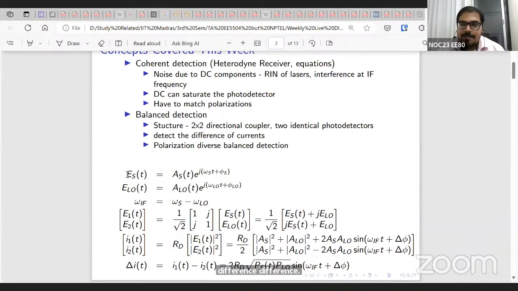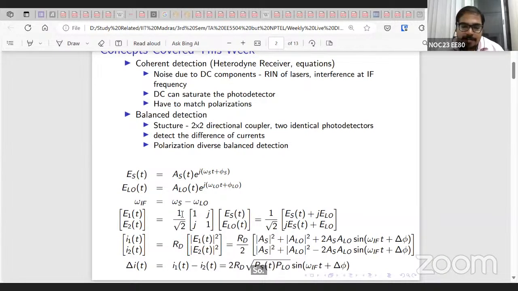We model the input electric fields as these two equations. So there is some amplitude, a frequency and a phase.